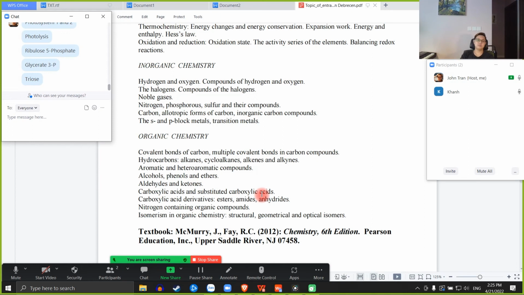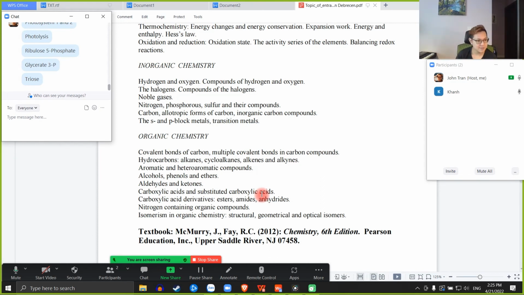Covalent bonds. Carbon forms four bonds, because it has 4 electrons available to share.